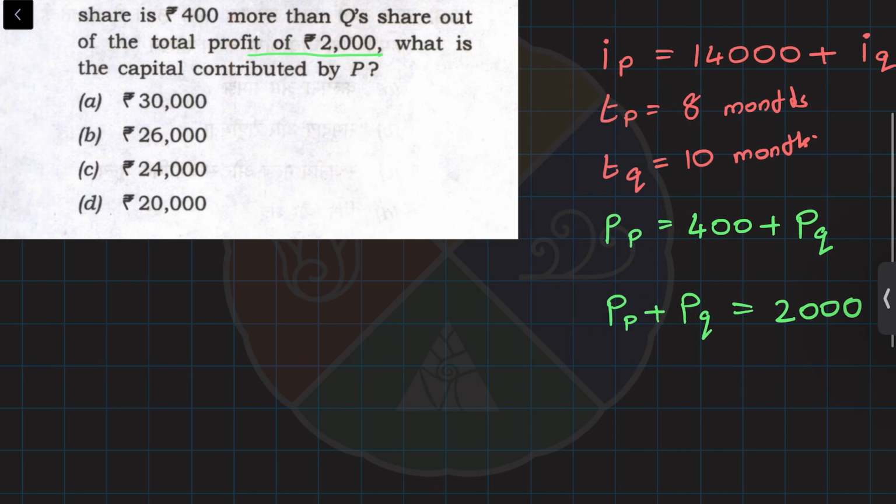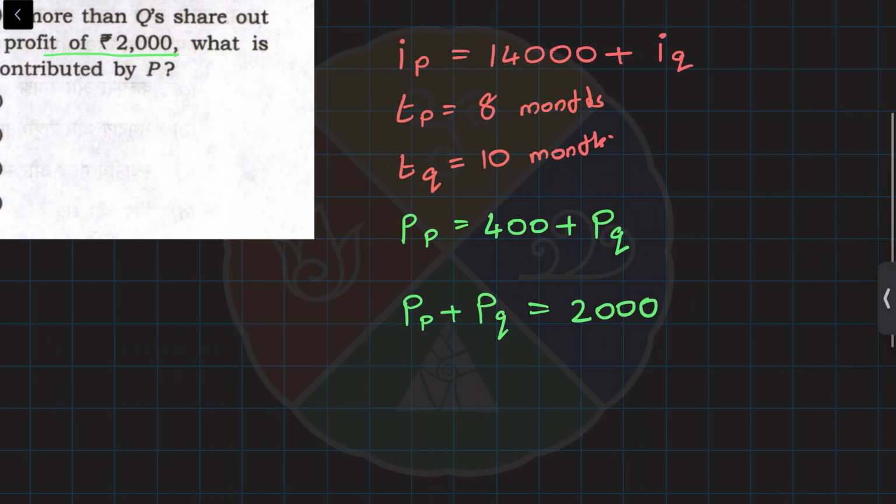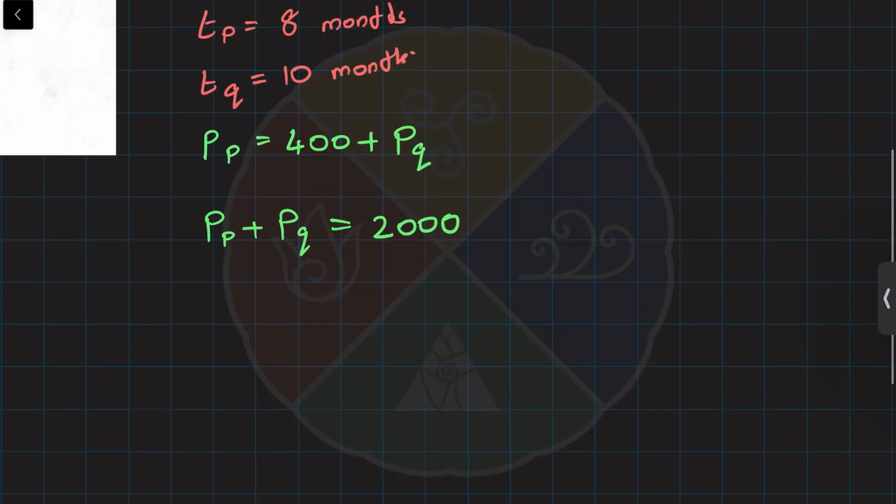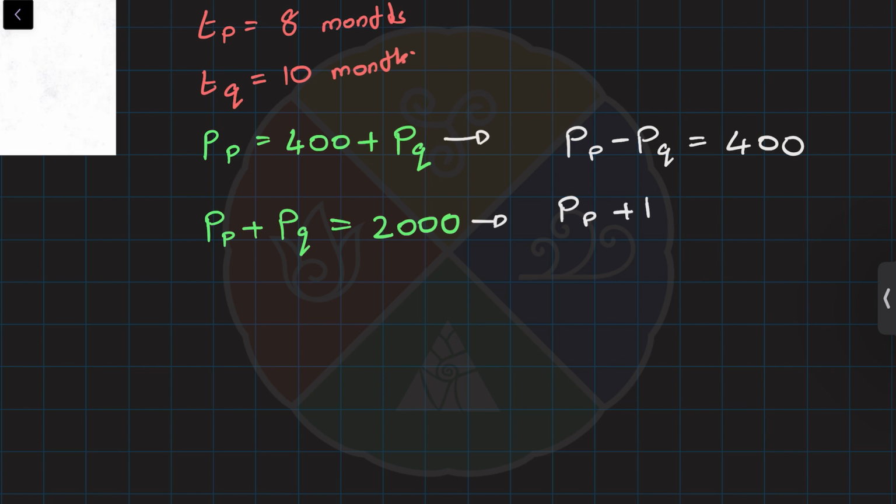What is the capital contributed by P? First of all, from all this information, I can find profit of P and profit of Q. This is simply a linear equation. If I take P of Q to the other side, it becomes P of P minus P of Q is equal to 400, and P of P plus P of Q is equal to 2000.